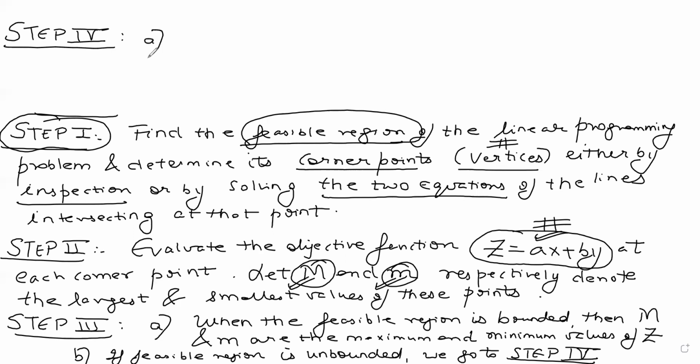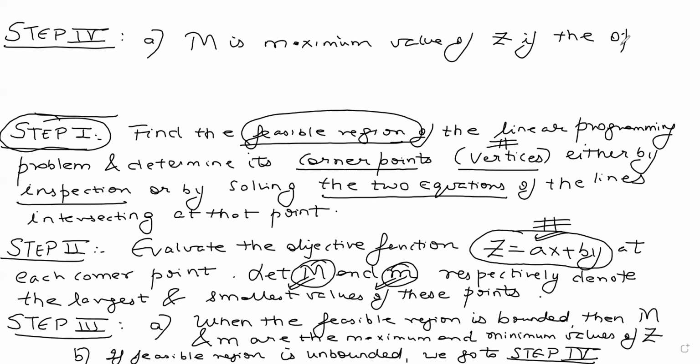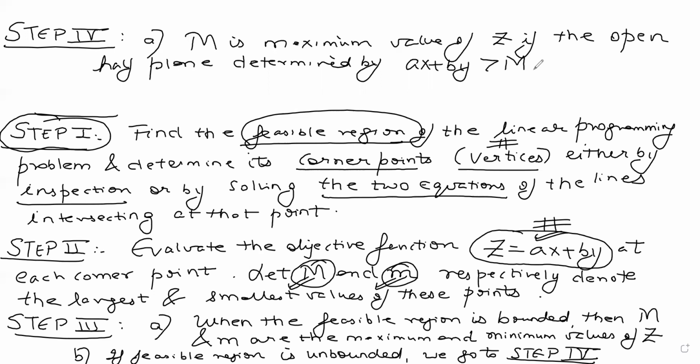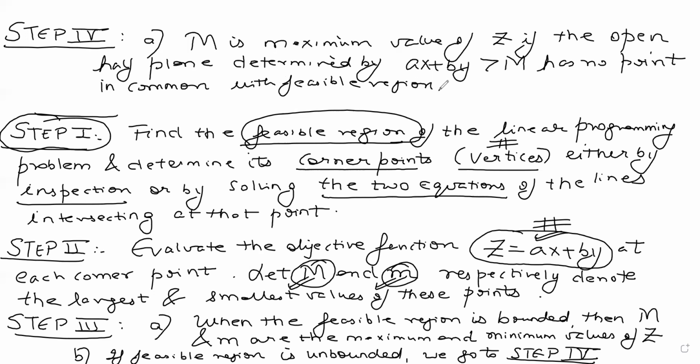So within step 4, point A, M is the maximum value of Z if the open half plane determined by ax plus by greater than M has no point in common with the feasible region. How do I find the open half plane, guys?